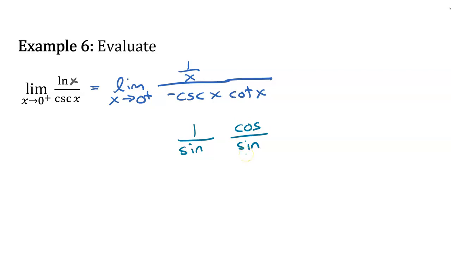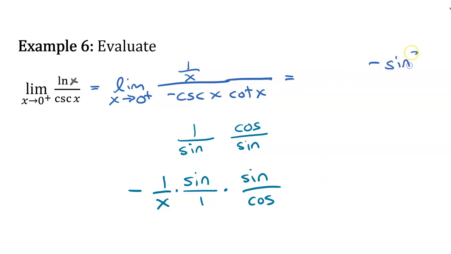And 1 over x would be shifted and flipped, right? So that would be sine over 1 times sine over cosine, times 1 over x, and a negative. So that would give us negative sine squared over x cosine x.